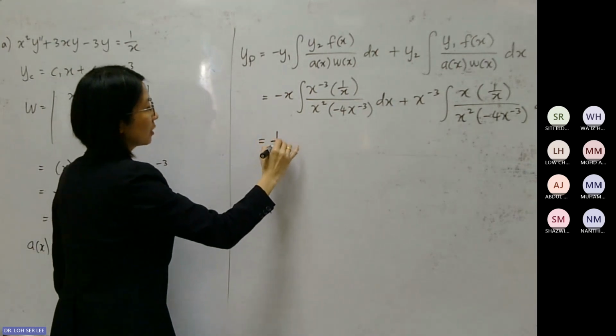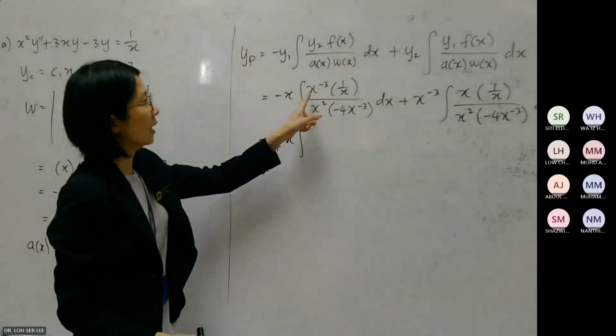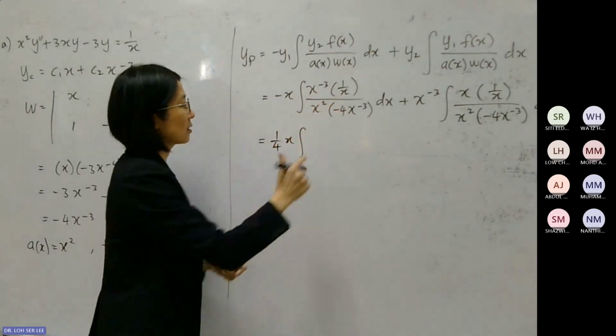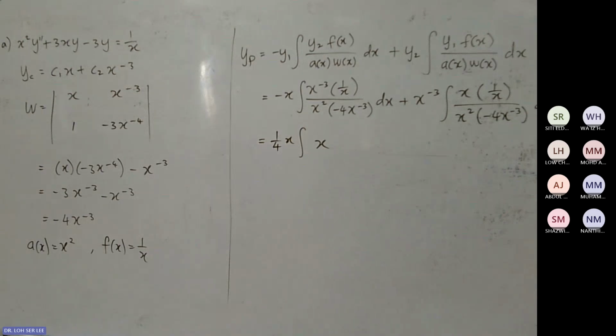You get a positive 1 over 4x. Then combine x into 1. What is the new power? Negative 3.